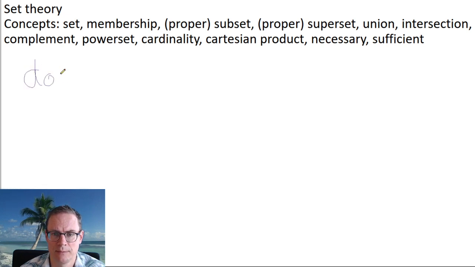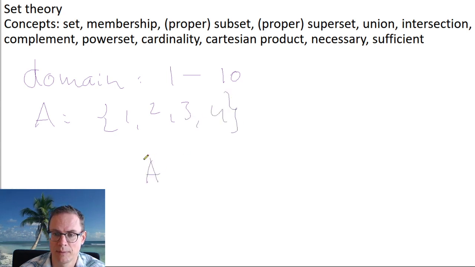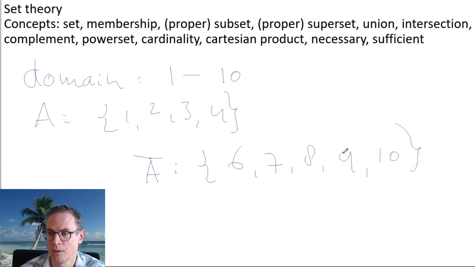So let's say the domain of a particular question is 1 through 10, and set A is the set containing 1, 2, 3, and 4, then the complement of A relative to this domain is 6, 7, 8, 9, and 10. All those elements that are not in A. And for the complement, we use a horizontal line on top of the name of the set of which you take the complement.